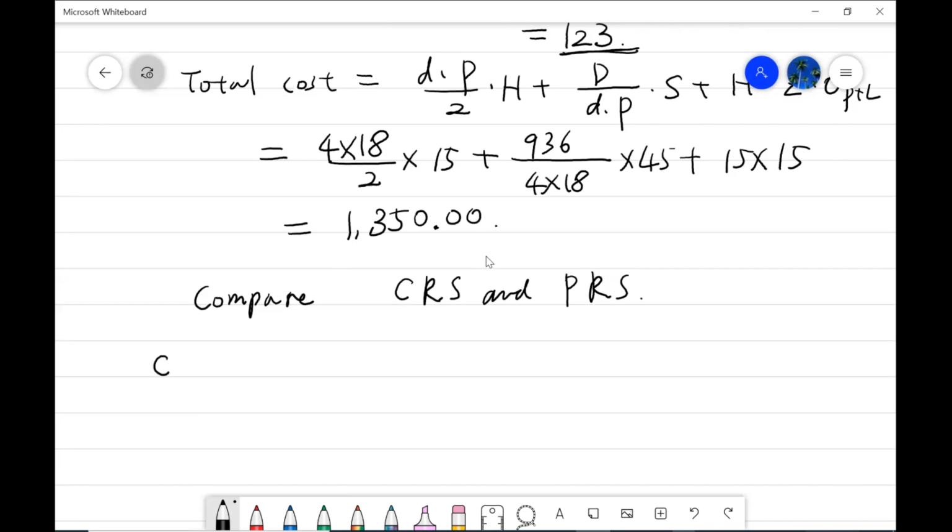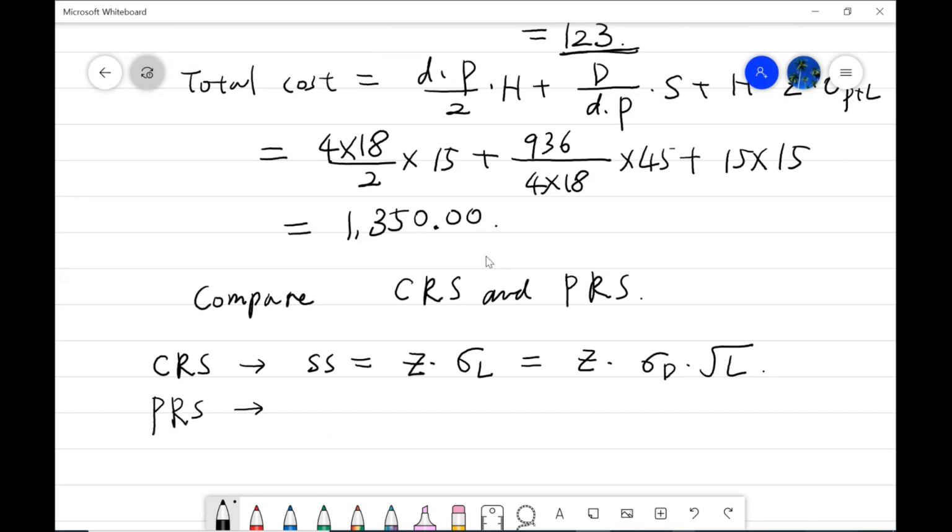Under the continuous review system, the safety stock is just z from the cycle service level multiplied by sigma L, that is z multiplied by sigma D and multiplied by the square root of L. On the other hand, under the periodic review system, the way you calculate safety stock is z multiplied by sigma P plus L.